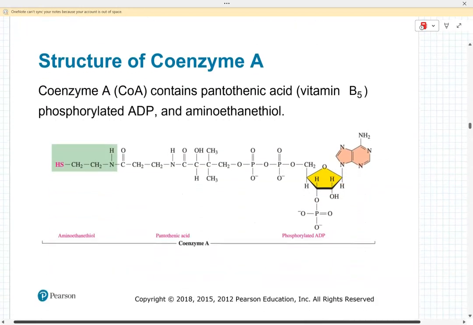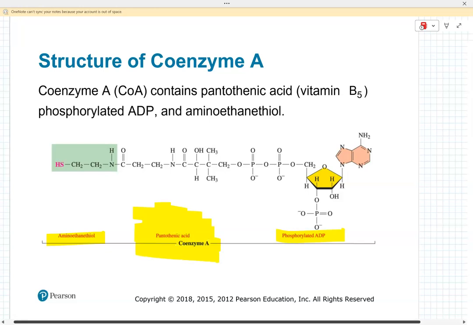Now, I, quite frankly, have no idea why anyone wants to memorize the structure of coenzyme A. I definitely don't want to. You have ADP, you have pantothenic acid, aminoethanethiol. There's something there I want to highlight that's common between all these 3 coenzymes.